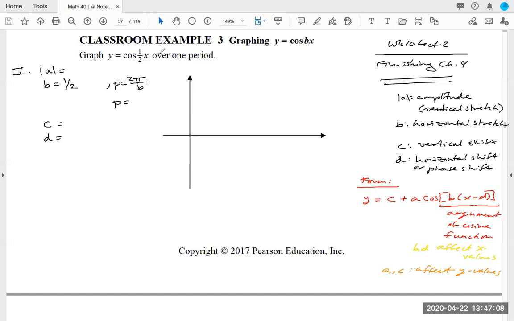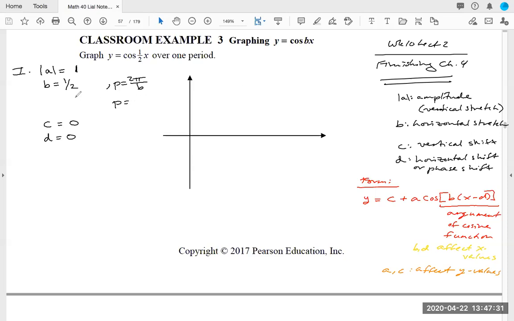If you saw a 0, none of this would be here. So if you don't see a number in front of the cosine, that means you're multiplying by a 1. And then for your c value and d value, they're still going to be 0. We'll see the difference when we get to our other problems if you don't see it quite yet.